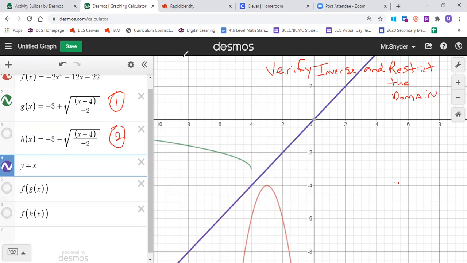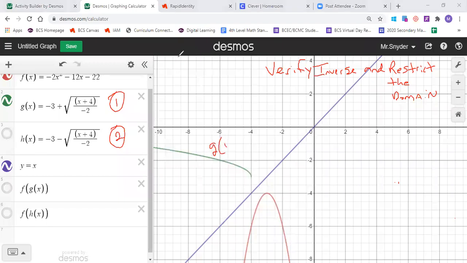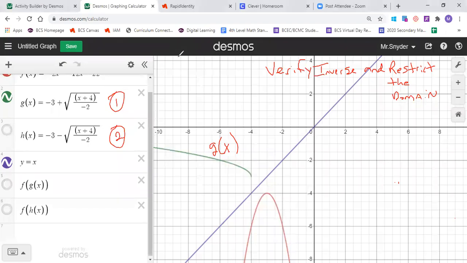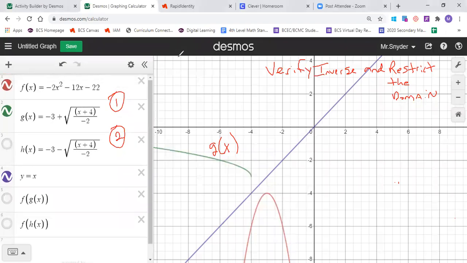The g of x part is actually showing right now, okay? And since g of x is showing, I'm going to come up to the top and restrict the domain so that only the reflection piece on the red graph that lines up with the green graph will show.